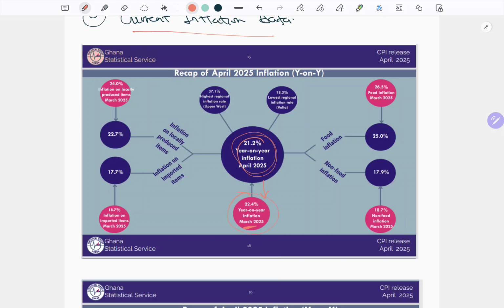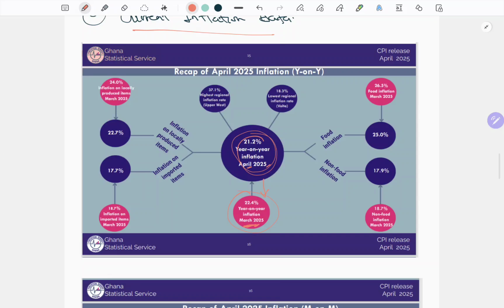So looking at just inflation for March and inflation for April, yes, goods and services have risen because they are both positive, but the rate at which they rose in April was 21.2, which is much lower than the rate at which they rose in March.